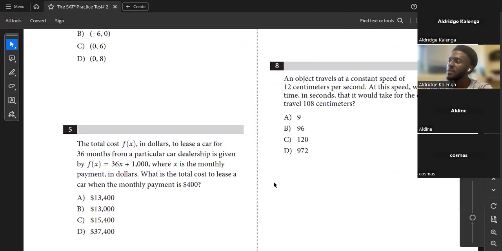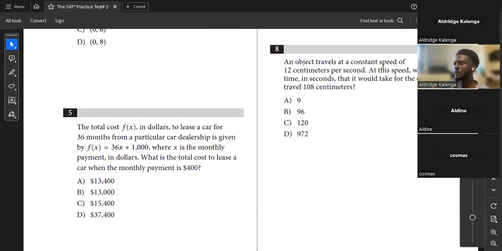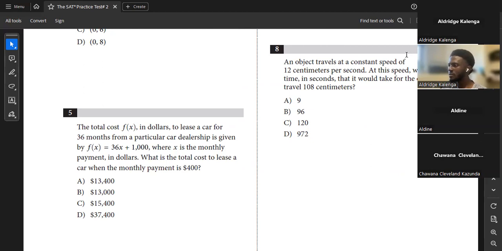I think the answer is 9. 9A. Okay, we have two nines.